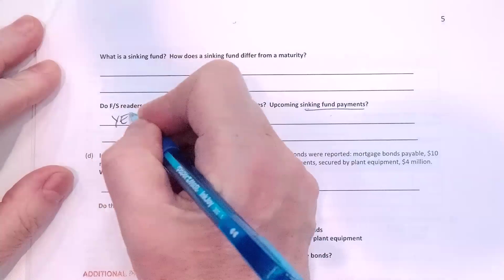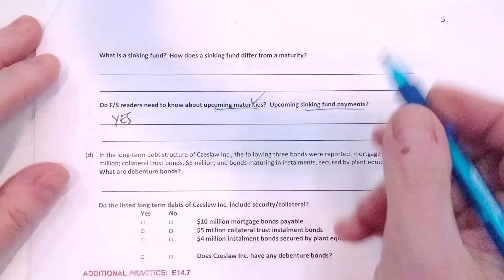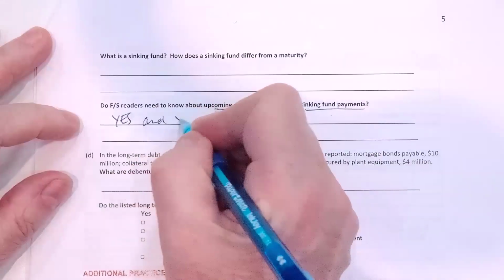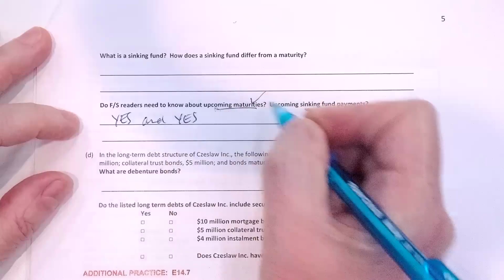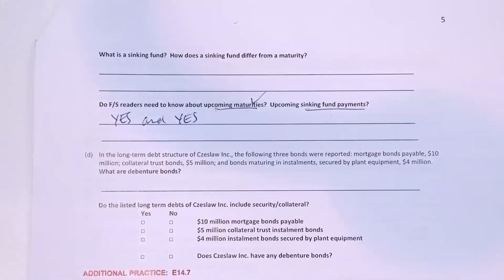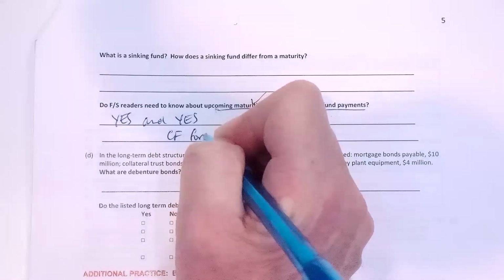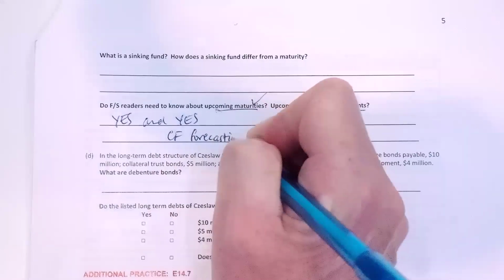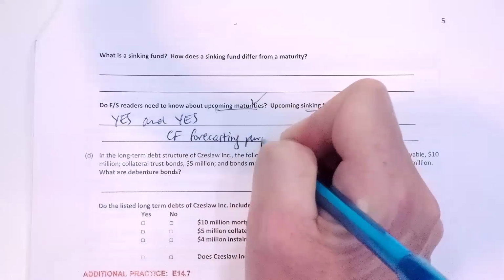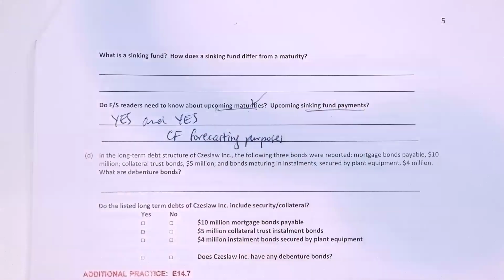So yes, they need to know maturities. And yes, they need to know sinking fund because that money is not available. And why? It's for cash flow forecasting purposes. It's like a bond discount model, but much, much, much more complicated.